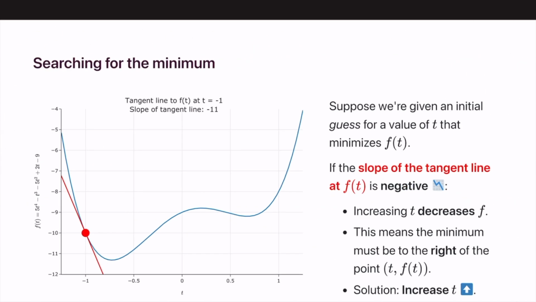And the same works if we're going the opposite direction. If the slope of the tangent line is negative, then that means that we need to move to the right. So in this case, I'll write in here: if negative, move right.